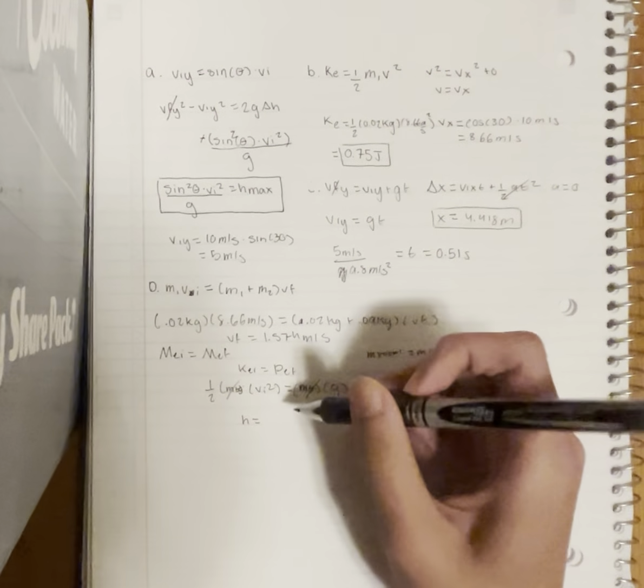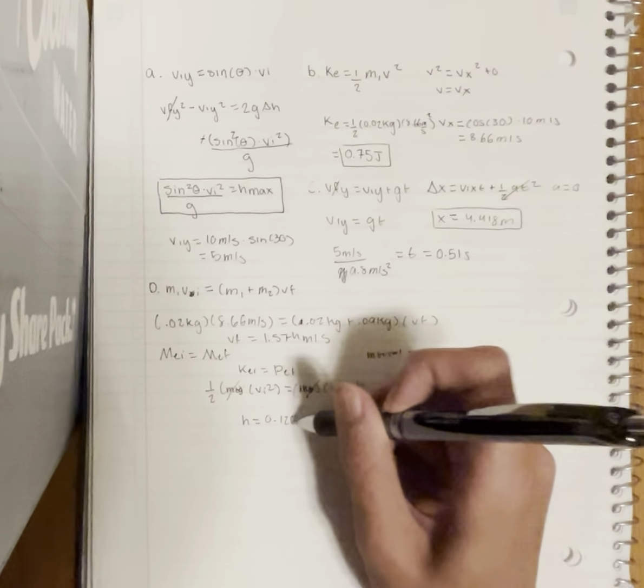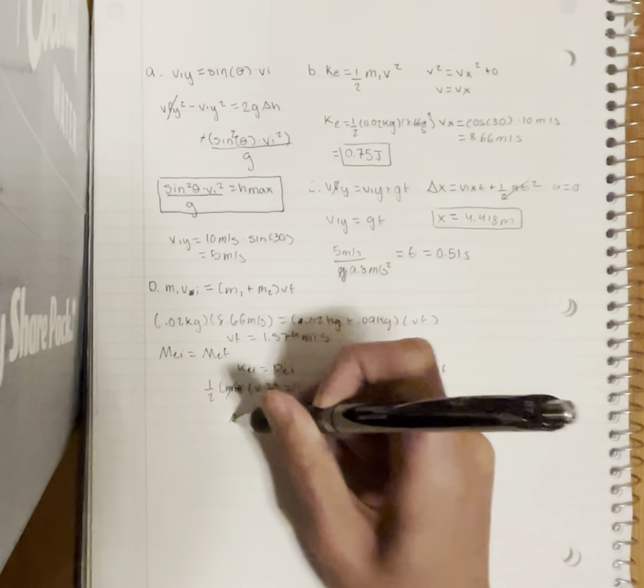H is equal to 0.126 meters, the change in height.